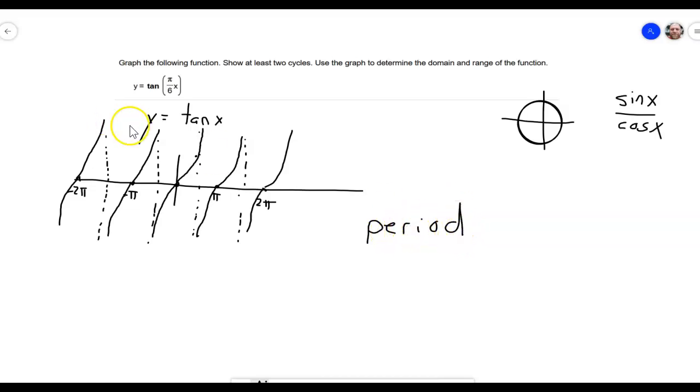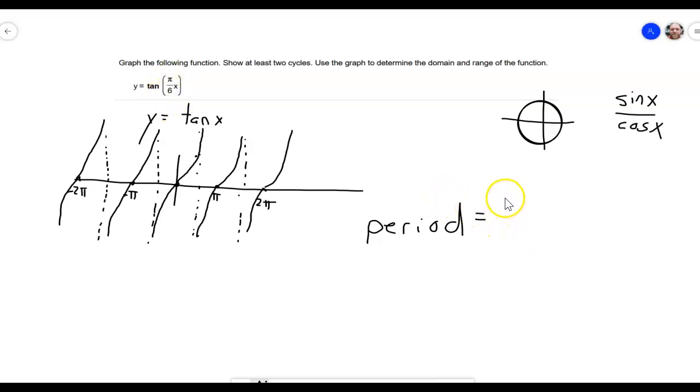The period of our tangent graph is equal to, remember for sine and cosine, it was 2 pi over b, but the book uses omega, which looks like a w, so we'll use omega for this one as well.